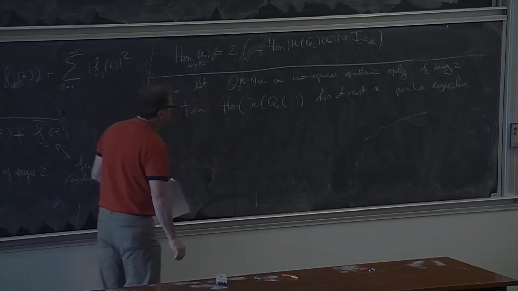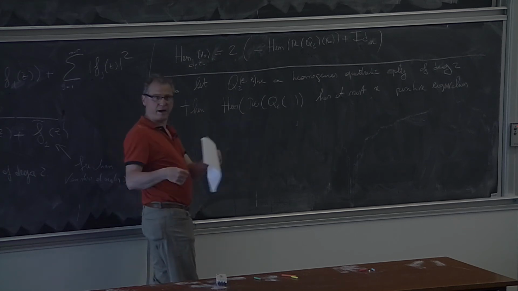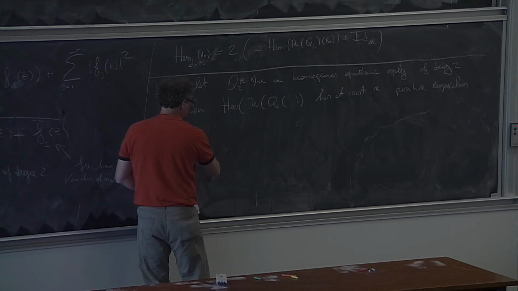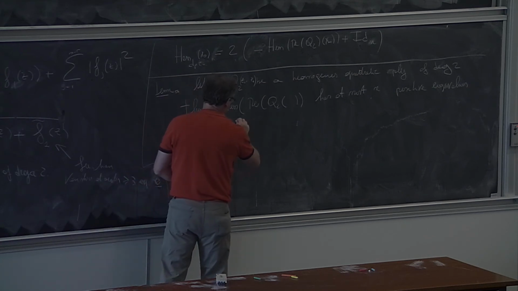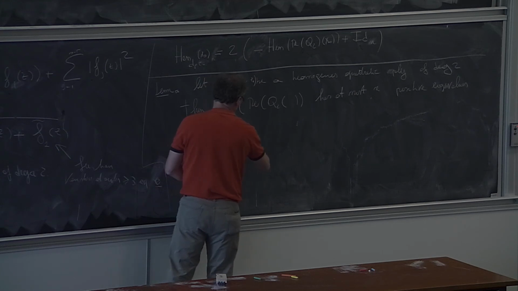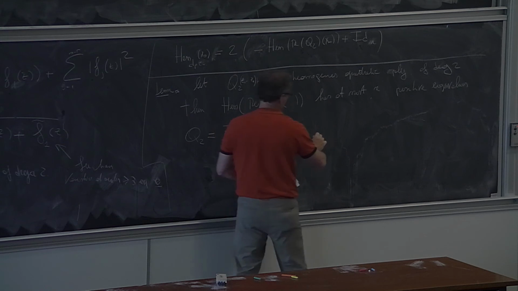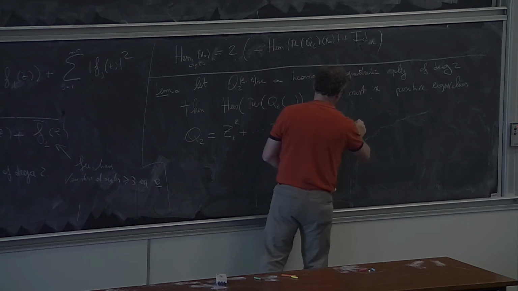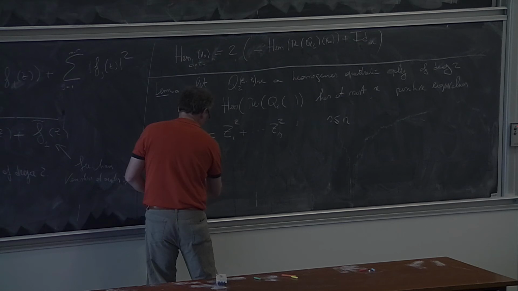And this is very easy, because you can change variables. This doesn't change anything. You can suppose that Q2 is of the form z1 to the power 2 plus ... plus zs to the power 2, where s is smaller or equal than n.